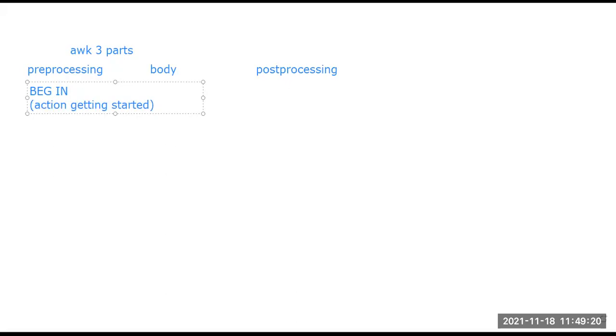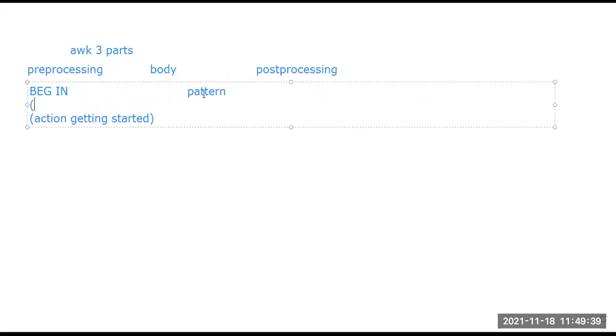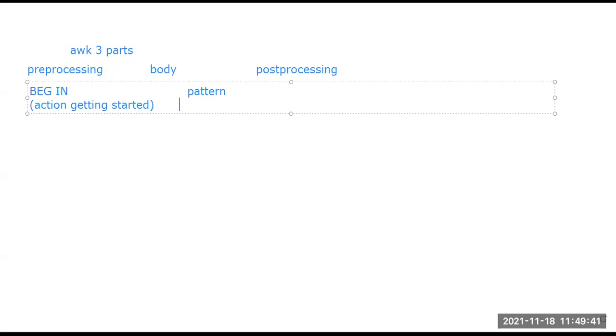Then in the body part, AWK finds the match with the pattern. So in the body part, pattern matching or pattern recognition is done, and if the pattern matches, then an action is applied with respect to that.